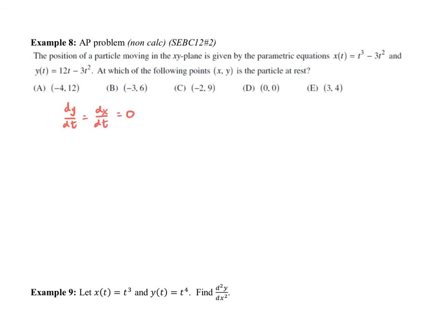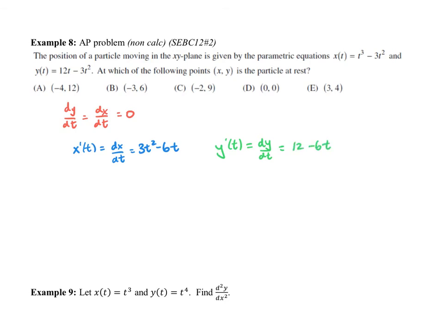So that's what we're going to try to find in this particular situation. So let's go ahead and find our derivatives. We have x prime, so the derivative of x, which is dx/dt, equal to 3t squared minus 6t. And then we have y prime, that's the same as dy/dt, and that's going to be 12 minus 6t.